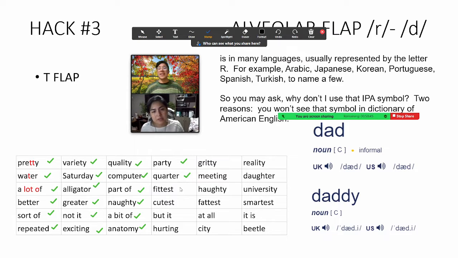Fittest, because the word is fit. We drop this one. Cutest. Buttered. Hurting.